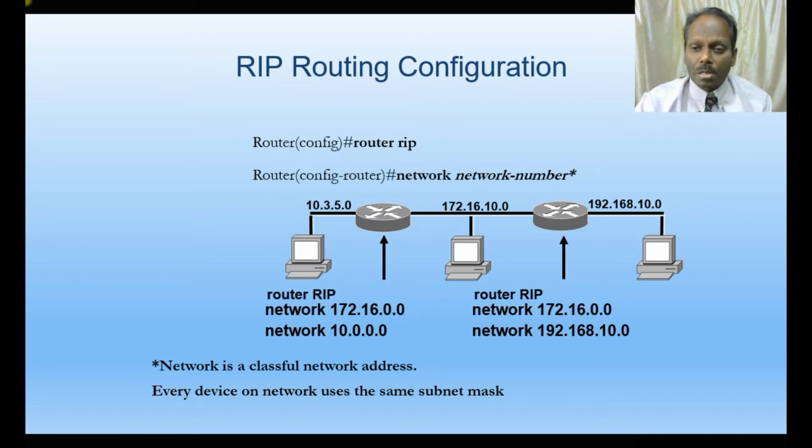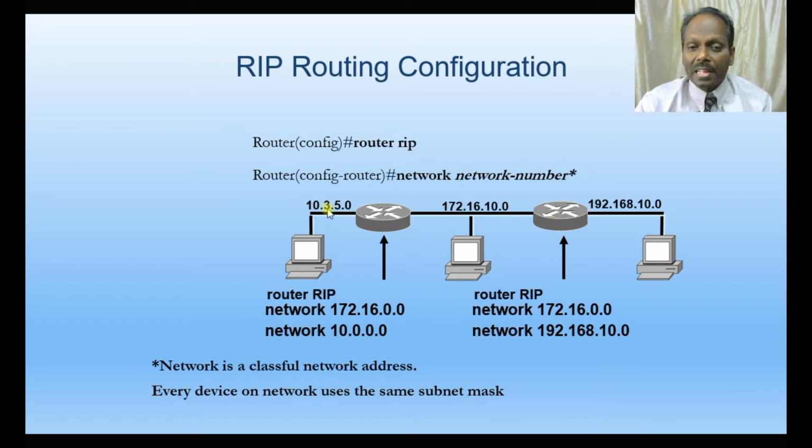Router A has some networks, router B has some networks. After a period of time, every 30 seconds, this distance vector algorithm sends all the routing information to the neighboring routers.